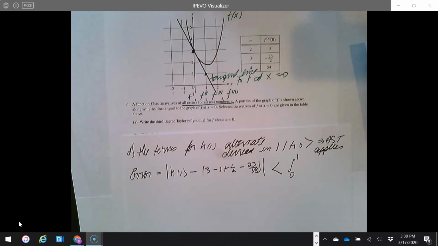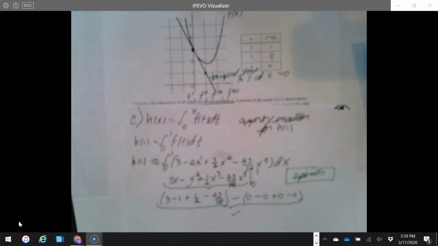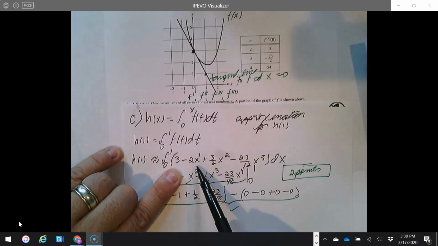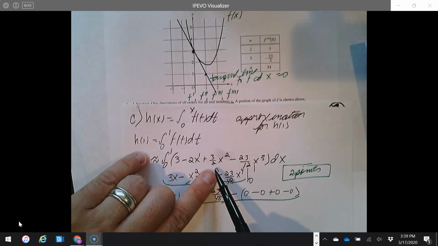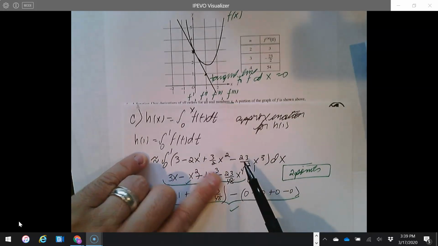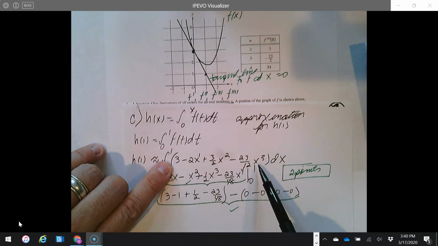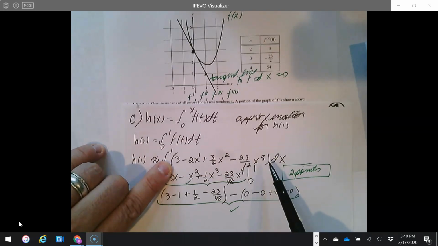What did we use? We used our degree 3 Taylor polynomial: f of 0, f prime of 0 times x, f double prime of 0 over 2 factorial x squared, f triple prime of 0 over 3 factorial times x cubed. The first thing I didn't use is the degree 4 term.